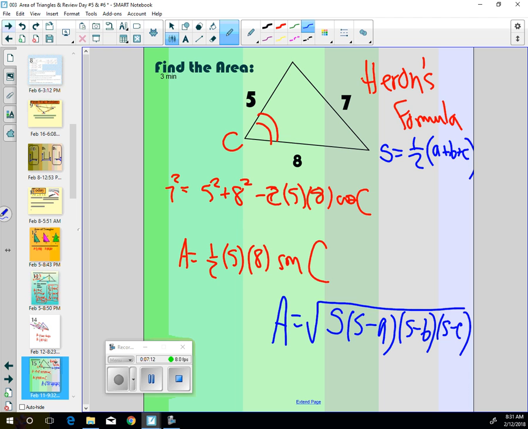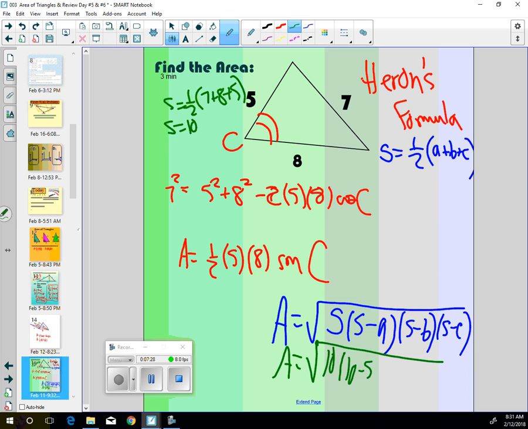In this case, we're going to have S is equal to half of 7 plus 8 is 15 plus 5 is 20. S is equal to 10. So we'll have the square root of 10, 10 minus 5, 10 minus 7, 10 minus 8.